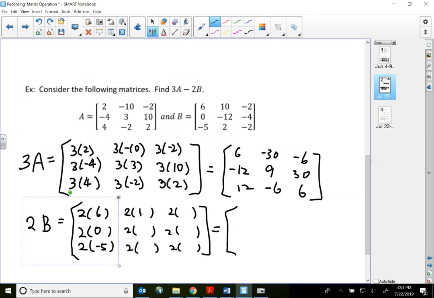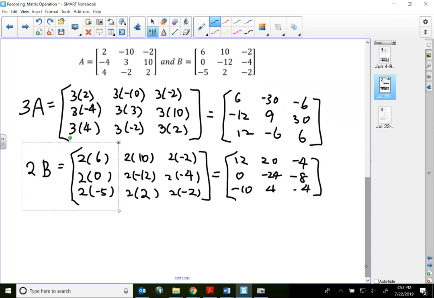B is 10, negative 12, 2, negative 2, negative 4, negative 2. All right, that'd be 12, 0, negative 10. So this is my 2 times B.